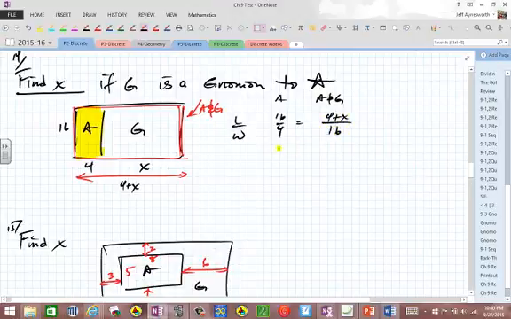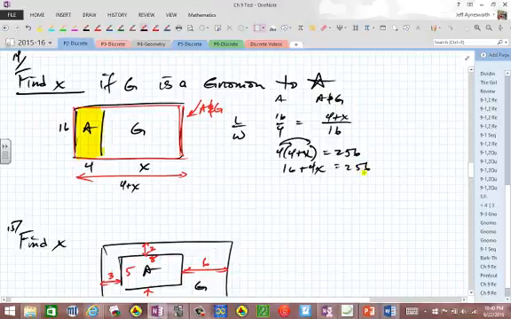Let's cross multiply. So 4 times 4 plus x equals 256. Use your calculator to check. Okay, distributing. Subtracting. 240.